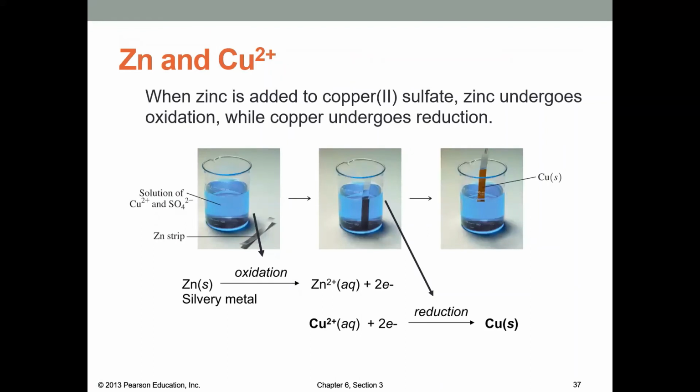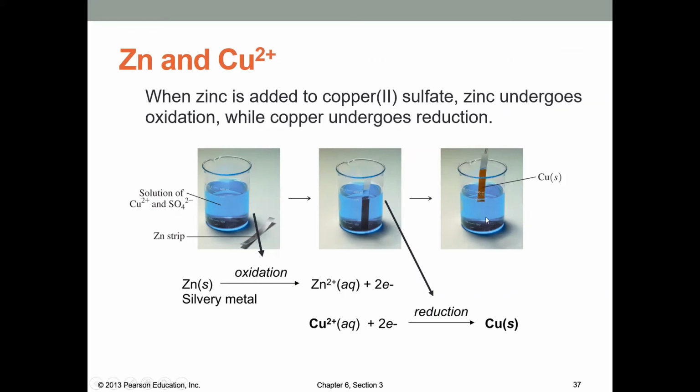Same thing here if we were adding zinc to copper sulfate. What ends up happening is that the zinc is going to be oxidized, copper is going to be reduced, and what's pretty neat is the copper particles are going to come out of solution and replace the zinc particles. So you'll end up actually forming copper.